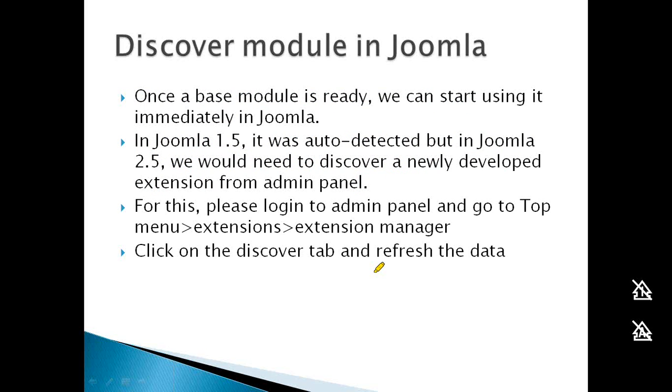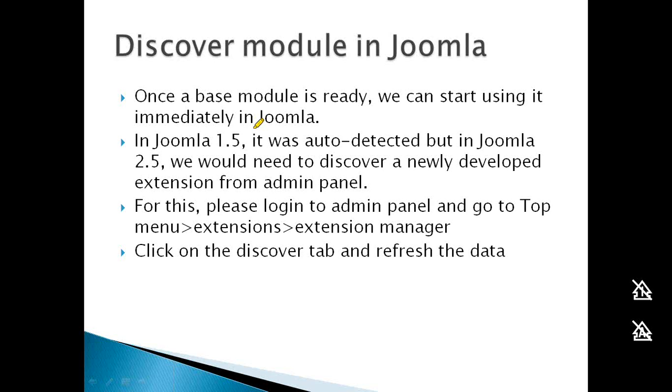You would notice, and most people like myself find it very difficult when they move from 1.5 to 2.5, or they simply start doing something new in 2.5. Because when you use Joomla 2.5, it doesn't allow you to directly access the module which you are developing in the directory.